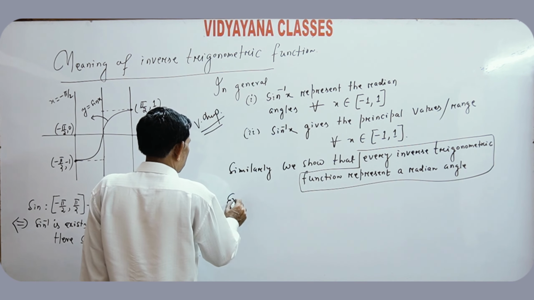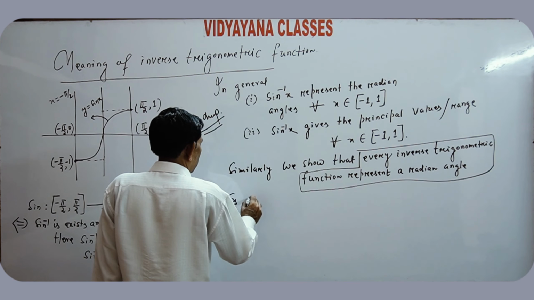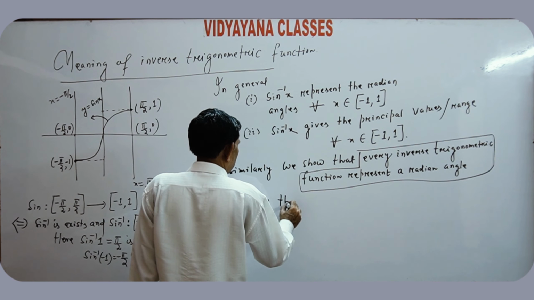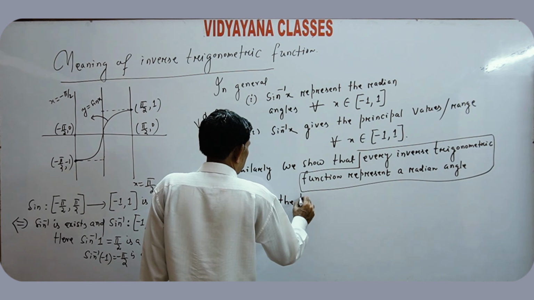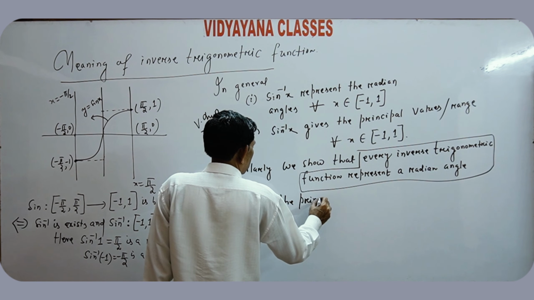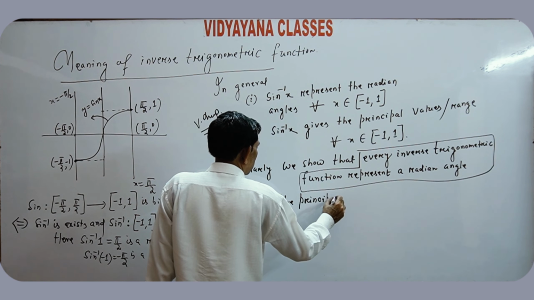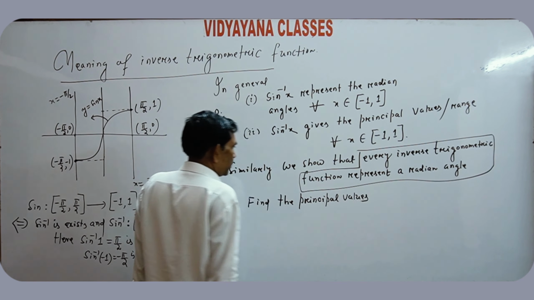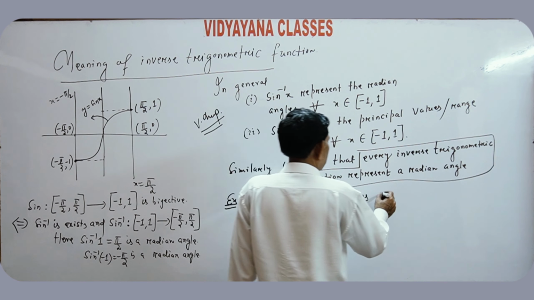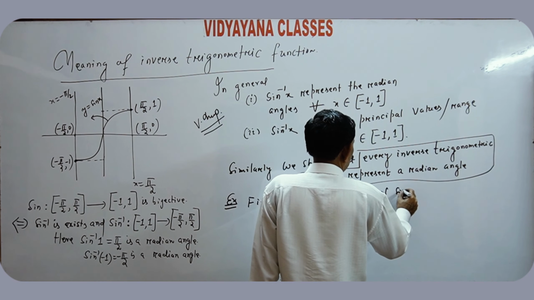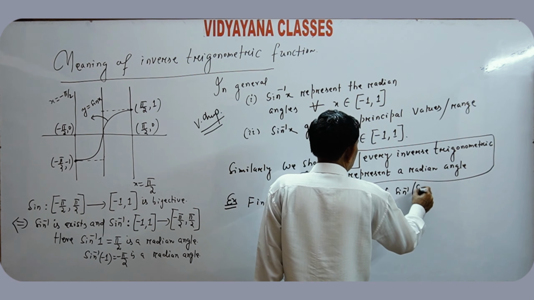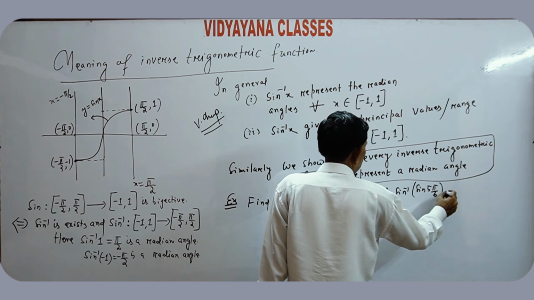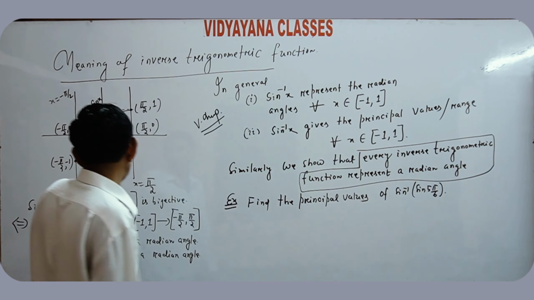Example: find the principal value of sin inverse sin 5 pi by 6.